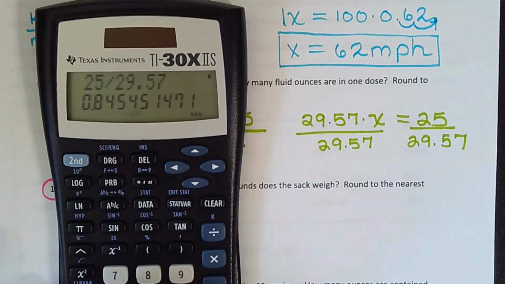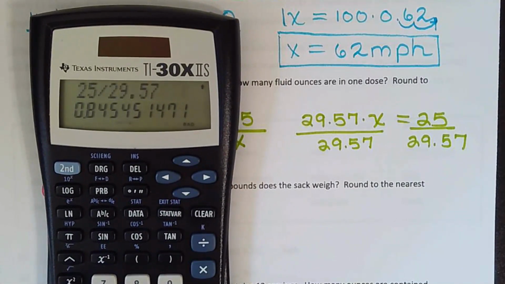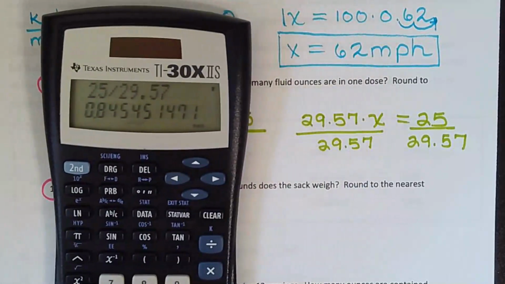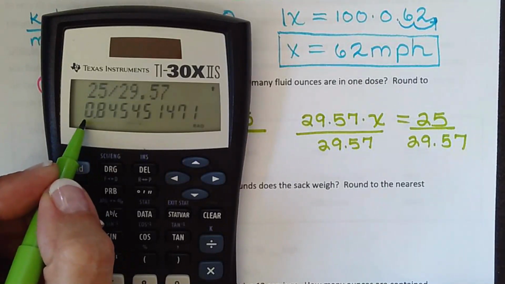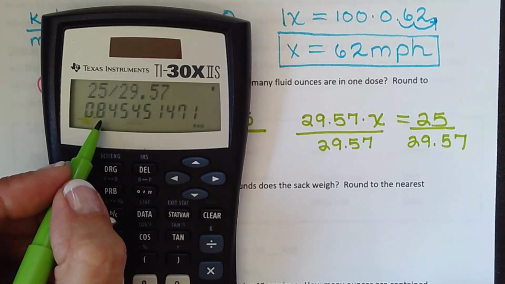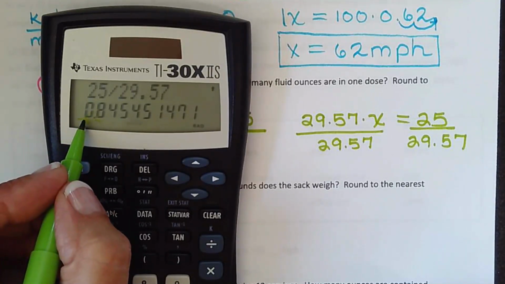And, oh, look at that. So think about that. Round to the nearest ounce. Ounce means whole number. So this is the whole number right here, 0. But 0 followed by an 8 says bump it up. So that 0 is going to turn into a 1.